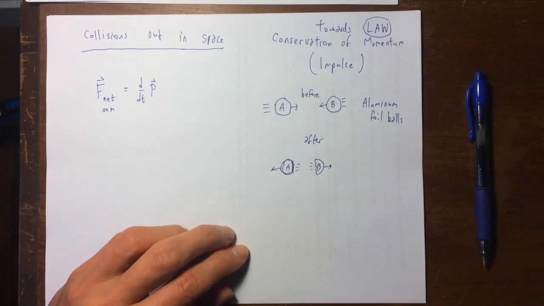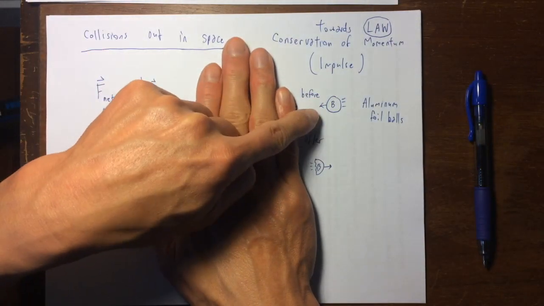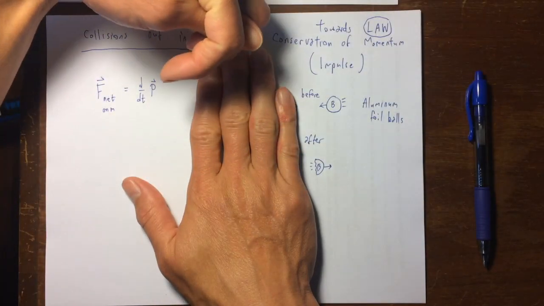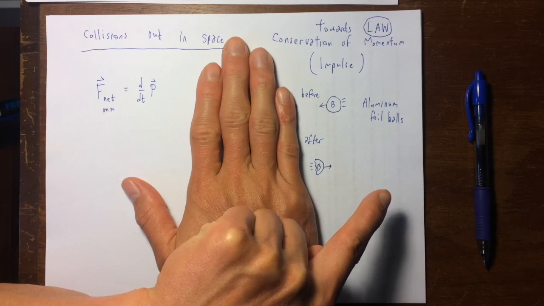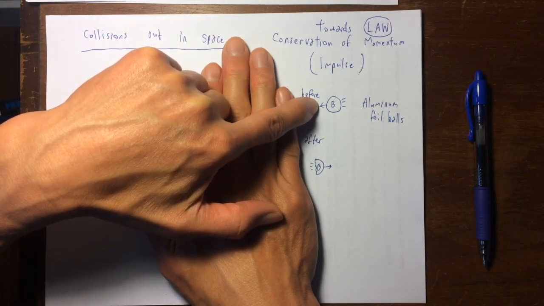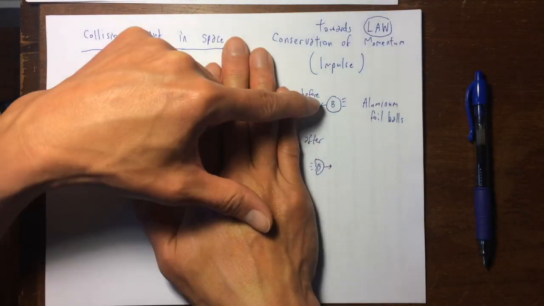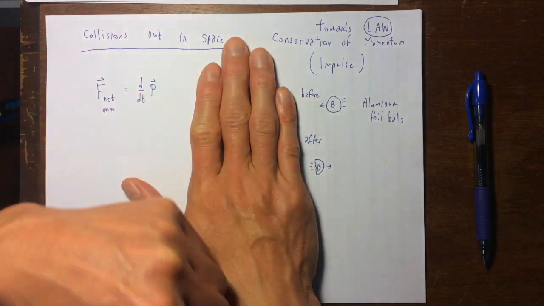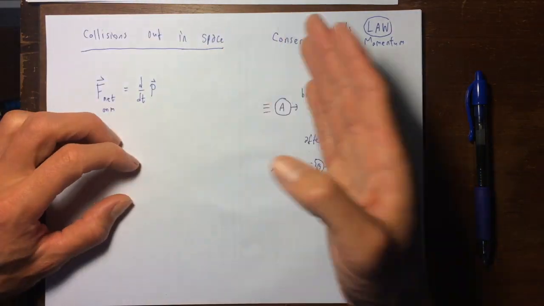Now, if I pay attention only to the object B, B was headed towards the left, and now after something happens, it's now headed towards the right. And the only way that I can take this velocity towards the left and make it into a velocity towards the right instead is to have used a force on B. So there must have been a non-zero net force on B towards the right.